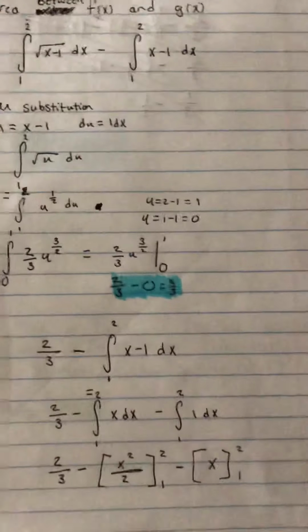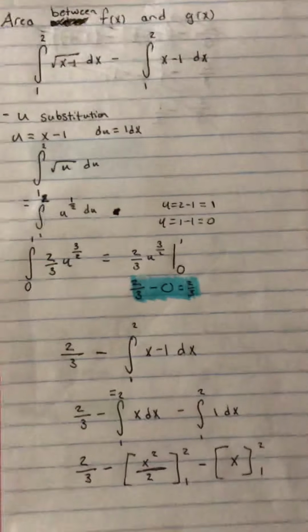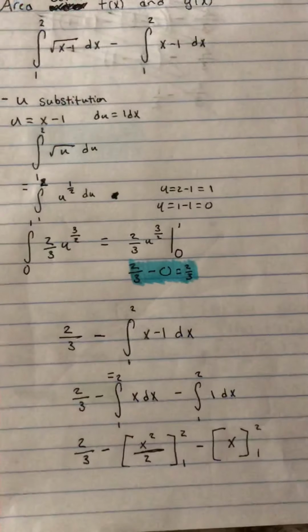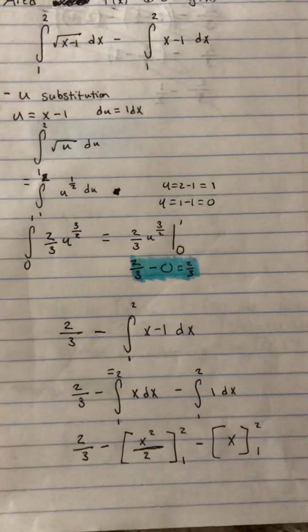From there, you evaluate 2/3 u to the power of 3/2 from 0 to 1, which gives you 2/3 minus 0, which just equals 2/3.